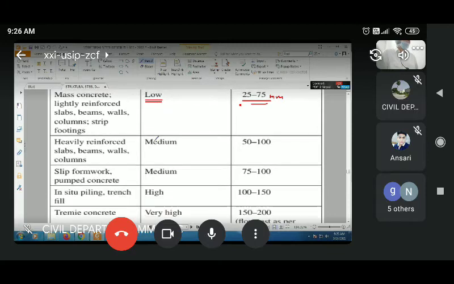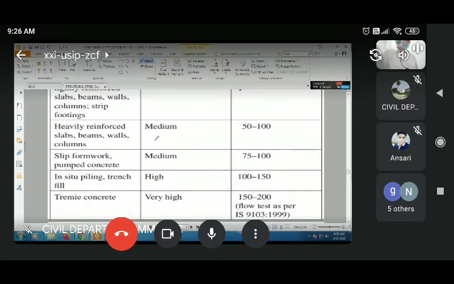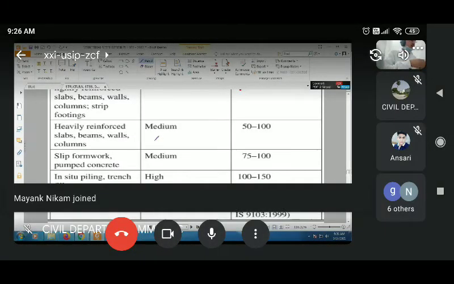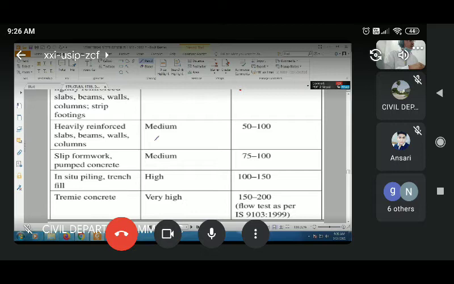And if heavily reinforced slabs, beams, walls and columns are there, and the reinforcement is very heavy, then we have to go for medium slump, and the slump value will generally be between 50 to 100 mm.